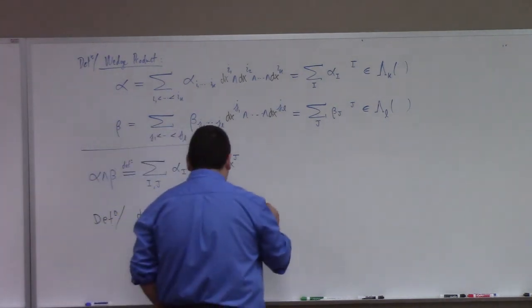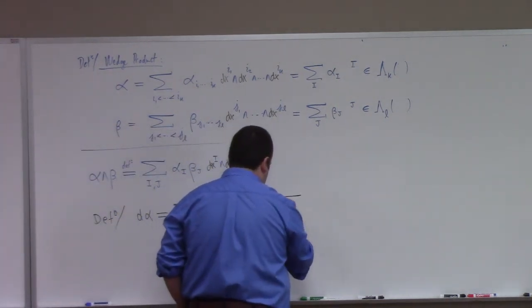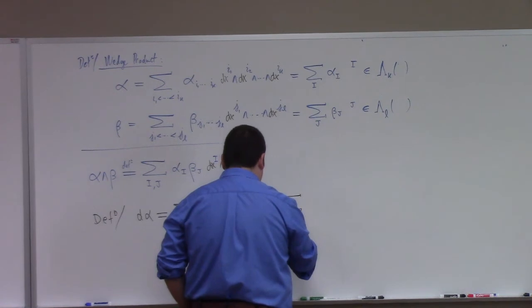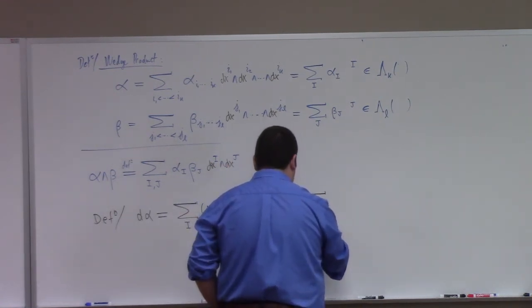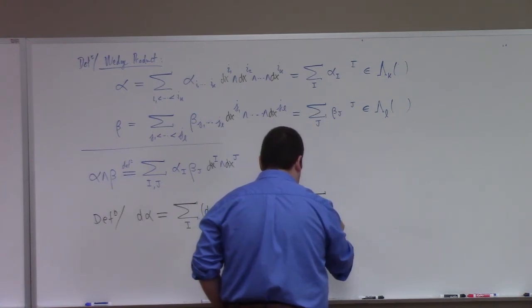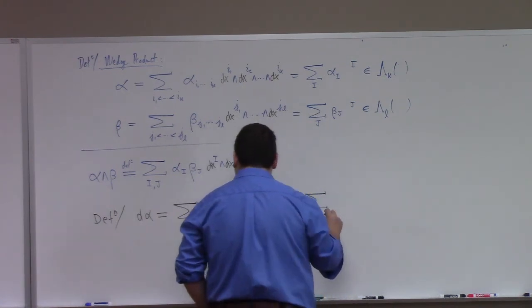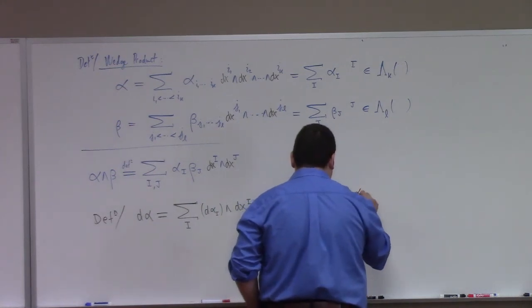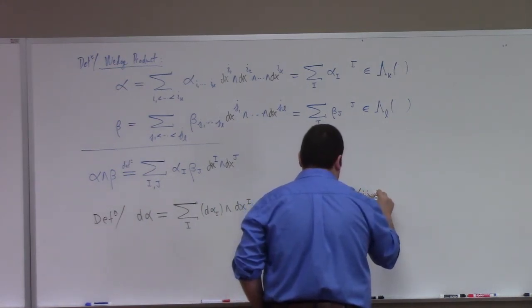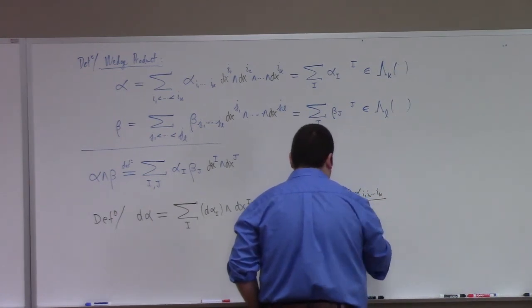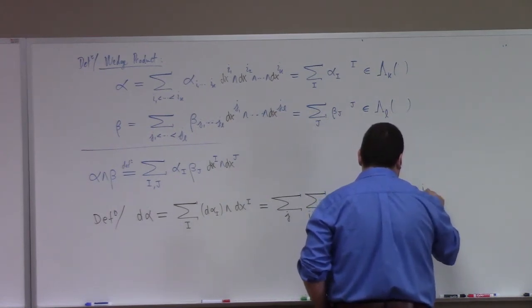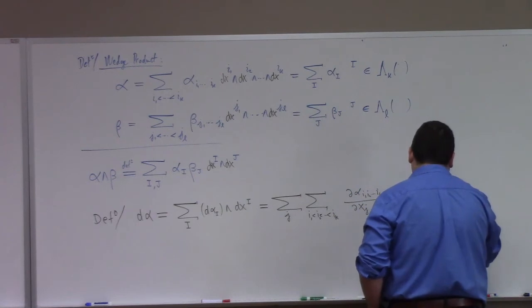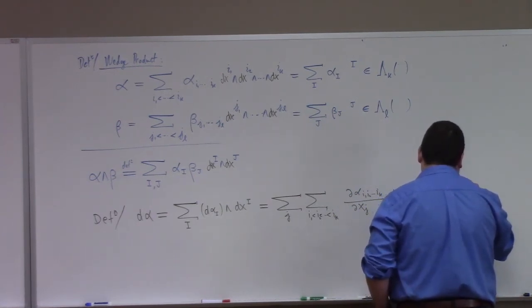To be more pedantic about this, this is the sum over j, the sum over I1 less than I2 less than Ik, of partial alpha I1, I2, dot dot dot, Ik, partial xj, dxj wedge dxI1 wedge dot dot dot wedge dxIk.